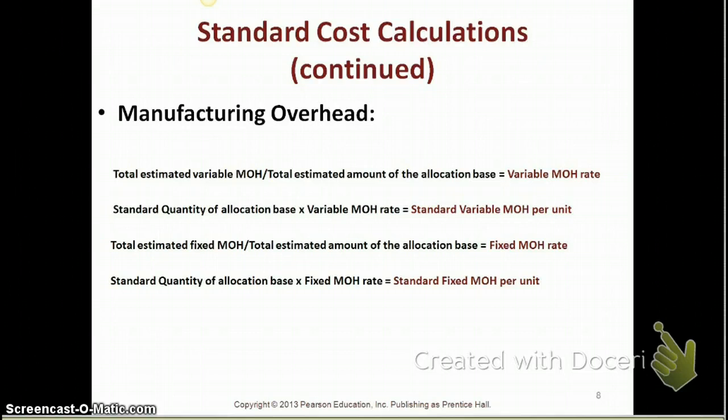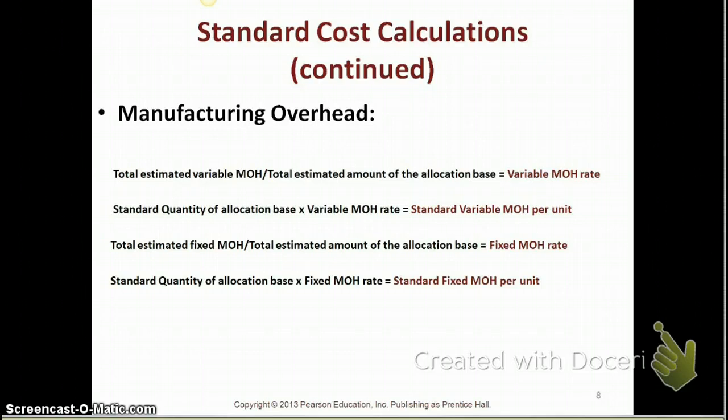Once you do that, you get a fixed manufacturing overhead rate, and then to calculate the standard fixed manufacturing overhead per unit, you multiply the rate you just calculated by the standard quantity of allocation base. Again, this is a very similar formula to your predetermined overhead rate and then allocating manufacturing overhead. But if you think you're going to get confused between the two, please write these down, and again, you can write these down on the index card that you bring for your exam too, just in case you need it.